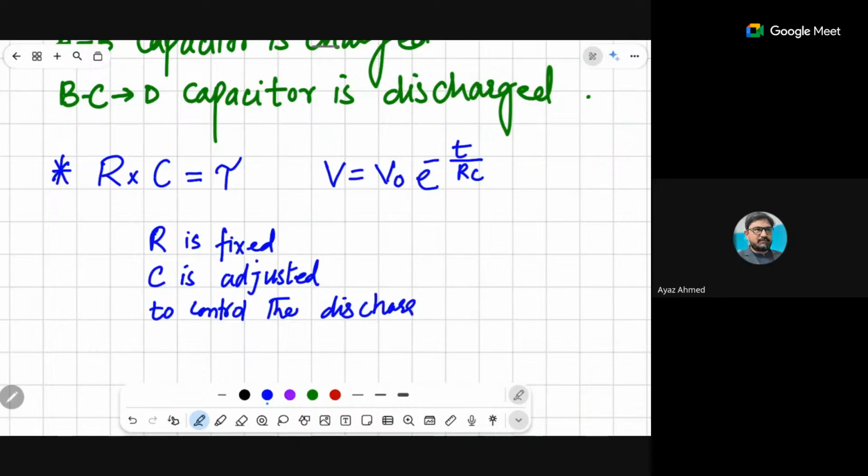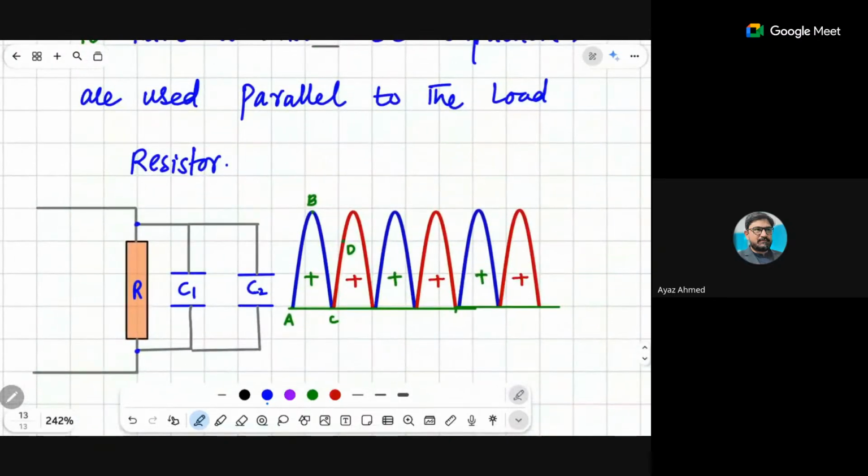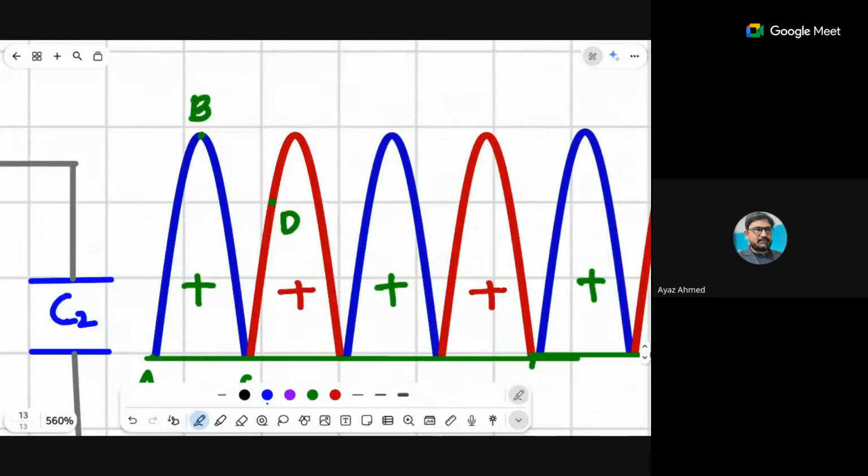So beta ji, what do you want? Look, it is quite simple. I want that while my voltage cycle is going down from B to C and then increases back to D, my capacitor should be discharged only till this point. So the voltages will be held. The voltages would not be discharged fully. This is the charging of the capacitor.